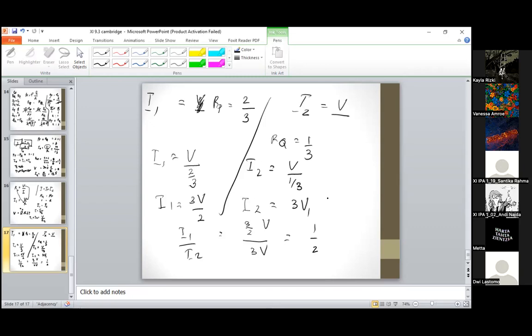I1 compared to I2? We get 1/2 or 0.5 about this comparison. Okay. Any question about this situation, about this problem? No? If there is no question, I want to continue.